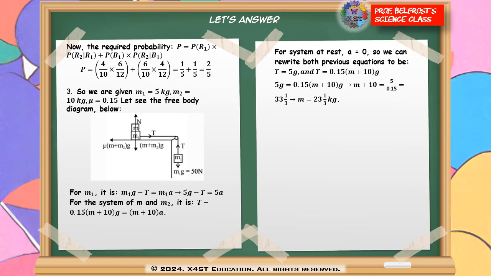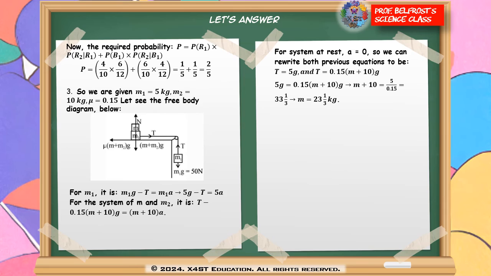However, the system of M and M2 is on the horizontal surface. The equation that will work is T minus 0.15 times the sum of M and 10 times g, which is equal to the sum of M plus 10 times a. For a system at rest, we know that the acceleration is 0, so we can rewrite both previous equations as T equals 5g and T equals 0.15 times the sum of M and 10 times g.